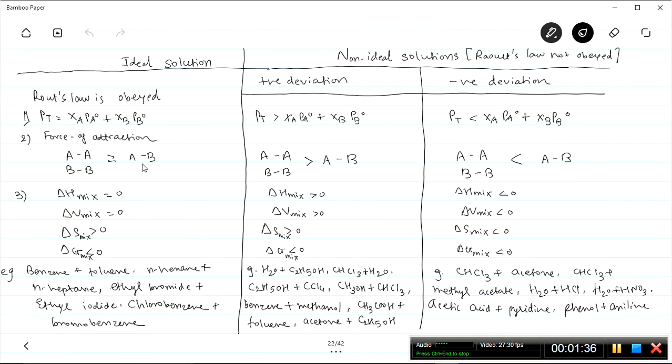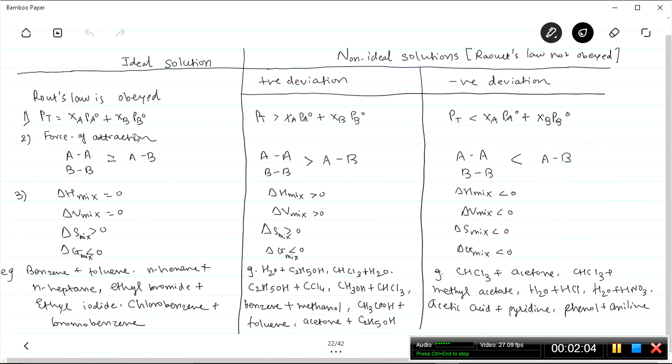So we have taken liquid A and liquid B and mixed them together. So we are talking about the intermolecular force of attraction between A and A, similar type of molecules, and similarly the intermolecular force of attraction between molecules of liquid B, and AB is the intermolecular force of attraction between molecules of A and B when they are mixed together.